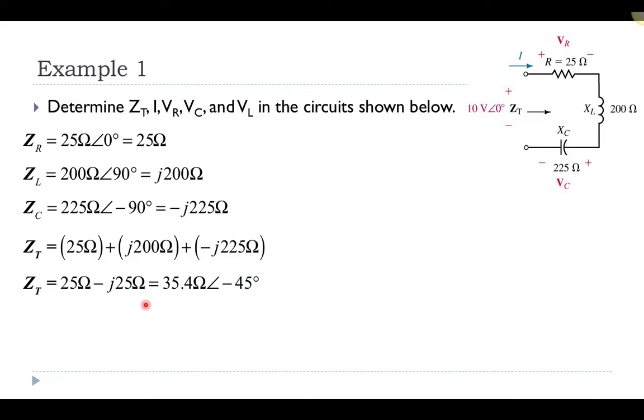The other thing that I wanted to point out here is that the total equivalent impedance implies that I have some resistive piece, and it also implies that I have a reactance piece, but because this is negative, it means that the inductor is not dominating, but instead the capacitor is the component that's dominating.